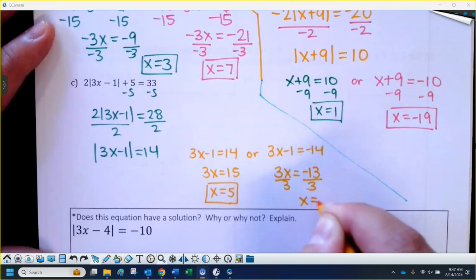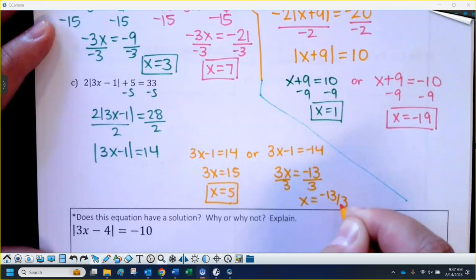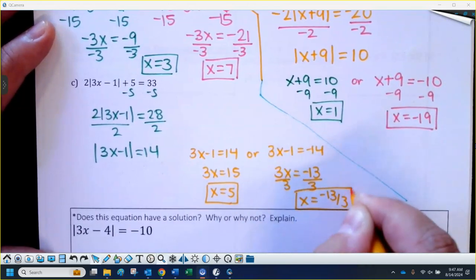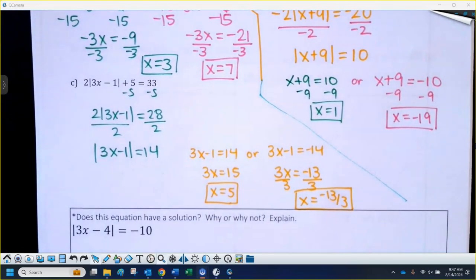And on any of these, it's okay if you get a decimal or a fraction as an answer, so if it's not a nice number, don't think you're doing something wrong. Whatever it's equal to, you're just going to copy whatever's in the absolute value, set it equal to that number, and then the opposite of that number.